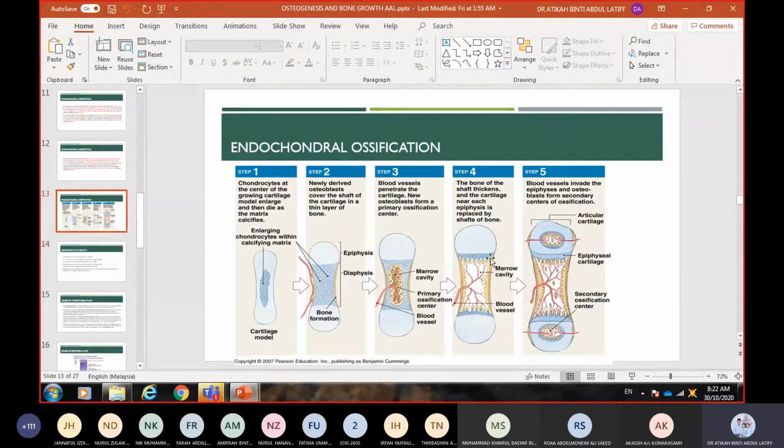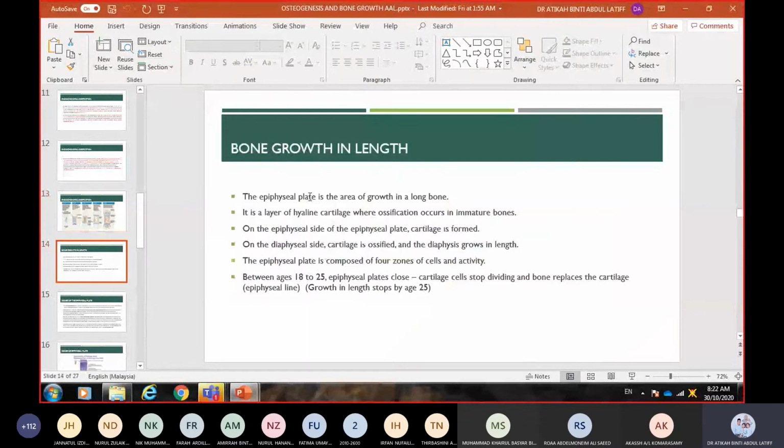If you see here, this is the long bone, which is not fully developed yet. Okay, but we have this epiphyseal cartilage here between the metaphysis and diaphysis. Okay, so this epiphyseal cartilage will allow the bone to grow longer.